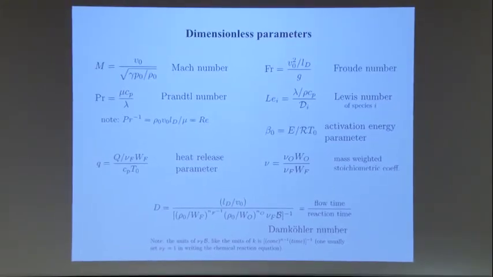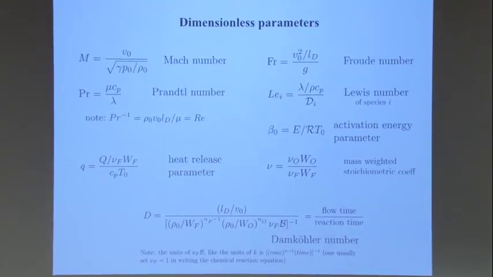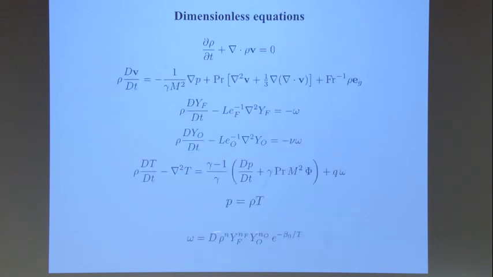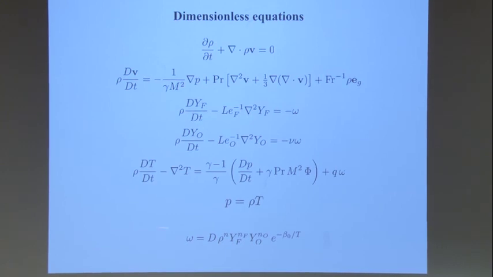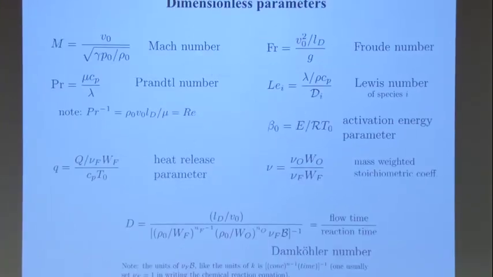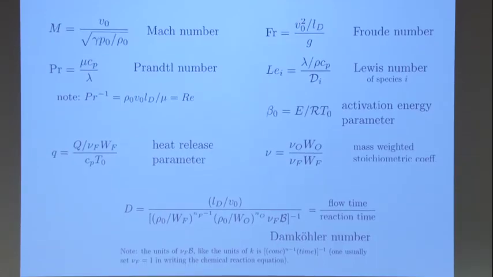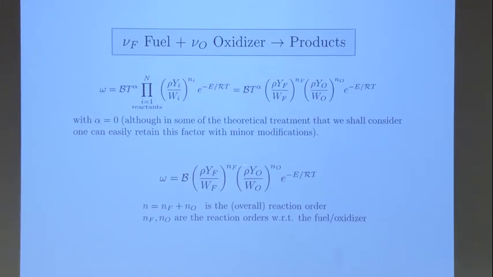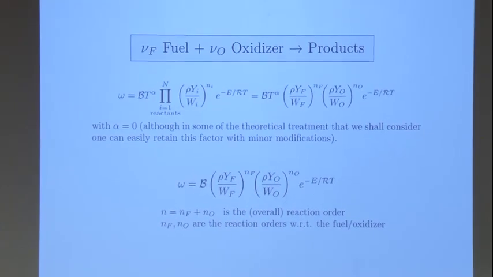So here is the activation energy parameter. This is not what is often referred to as the Zeldovich number. I will come to that later. And here is the Damkohler number. Of course, the Damkohler number will dump in it all the things that, when you scale the equation, are brought to the right-hand side, because the reaction rate also, remember, has molecular weight raised to some power, and this B and so on.